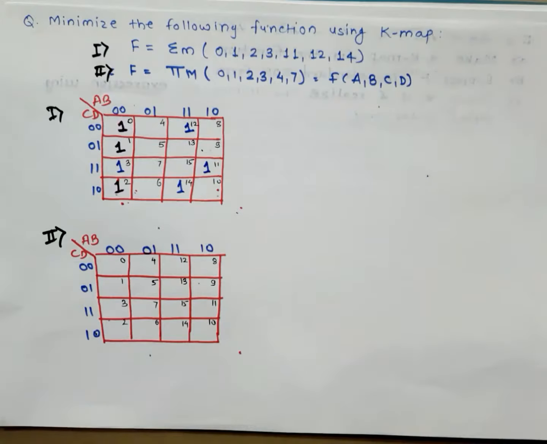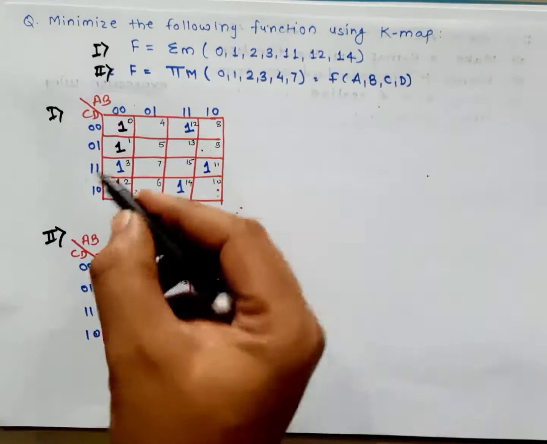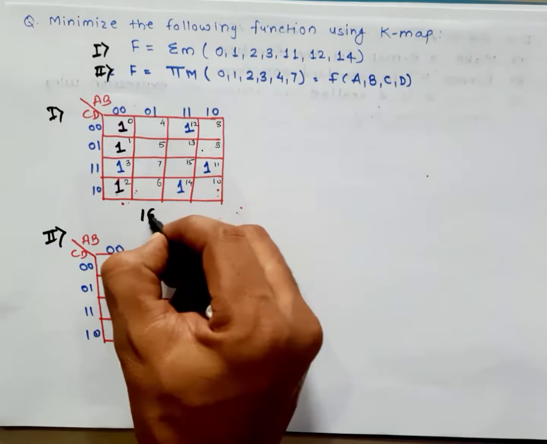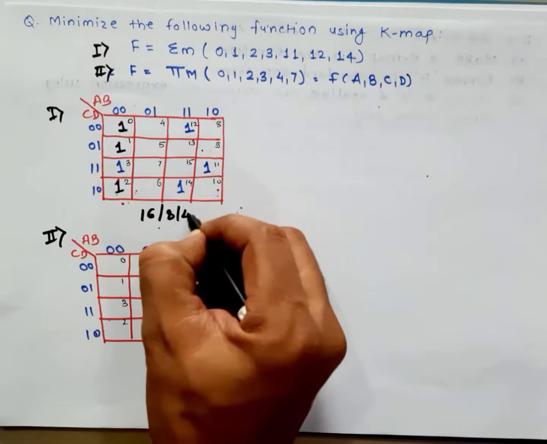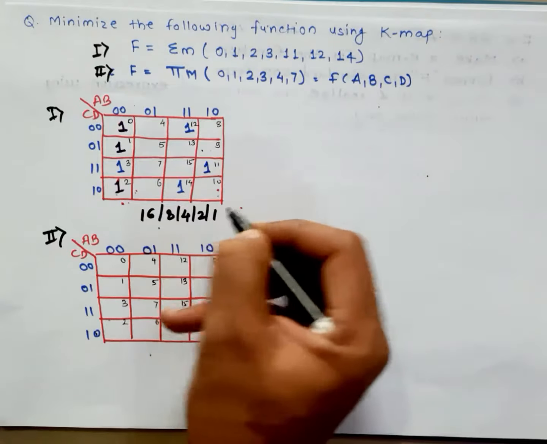Now our next step is to make groups. Now here, how many groups are there for this particular example? Always try for the maximum, that is 16, 8, 4, 2, 1.